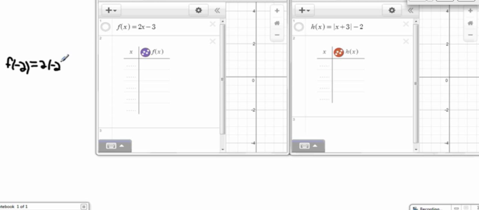So let's start with an input of -2 for f. So f of -2 is equal to, well, we just use 2x minus 3, so 2 times -2 minus 3. And we just evaluate. 2 times -2 is -4. Minus 3 gets you -7.